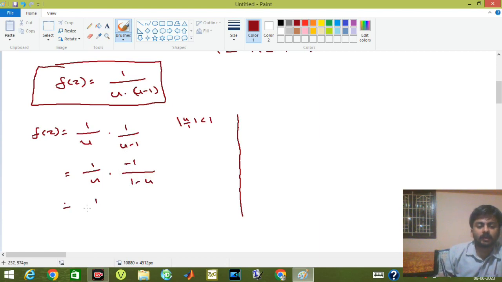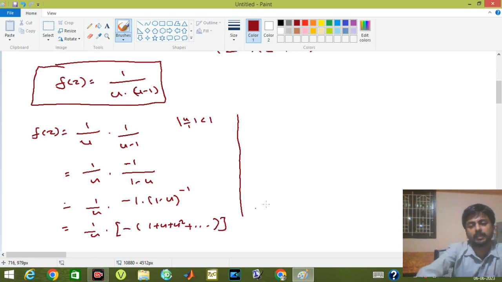So we will get 1 by u into minus 1 into (1 minus u) whole power minus 1, that is equal to 1 by u into minus of (1 plus u square plus etc.).